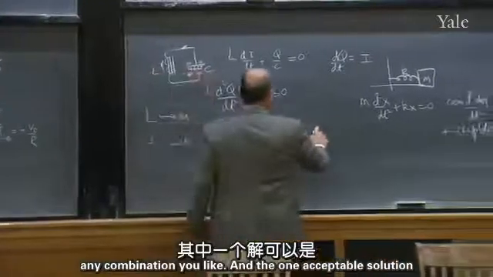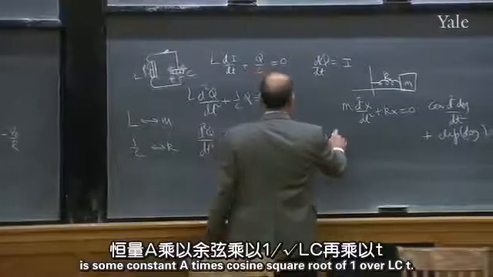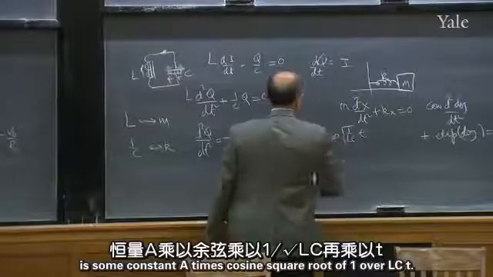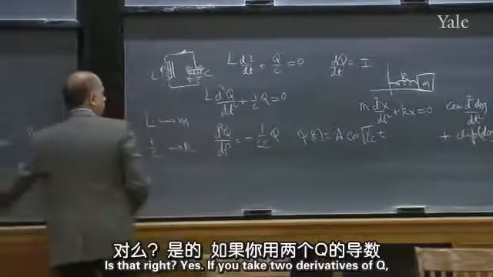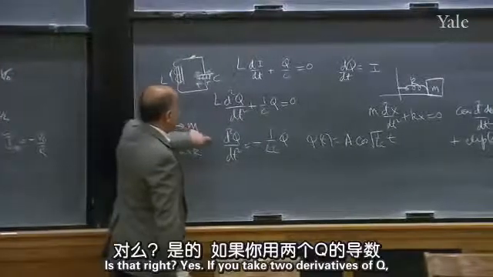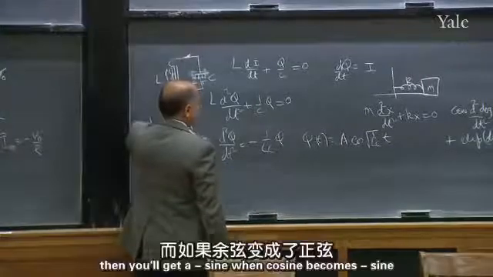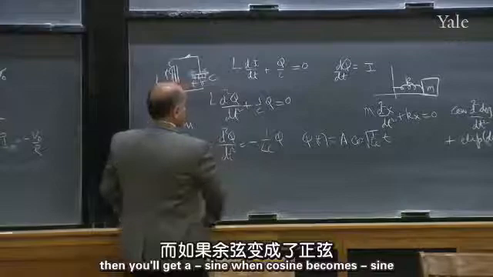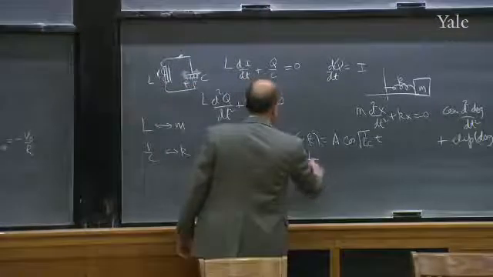One acceptable solution is some constant A times cosine of the square root of 1/(LC) times t. If you take two derivatives of q, you will pull out 1 over root LC each time. Then you will get a minus sign when cosine becomes minus sine, and one more derivative will bring it back to minus cosine. So this is called the frequency, which is 1 over root LC.